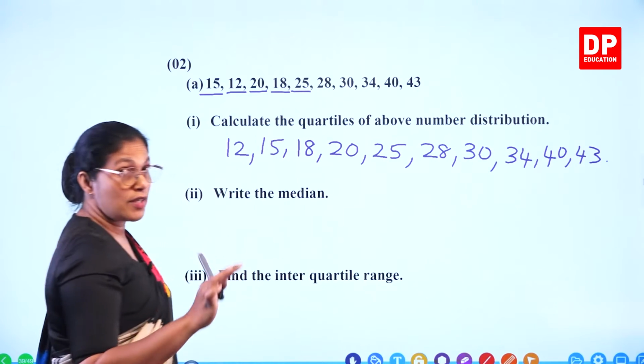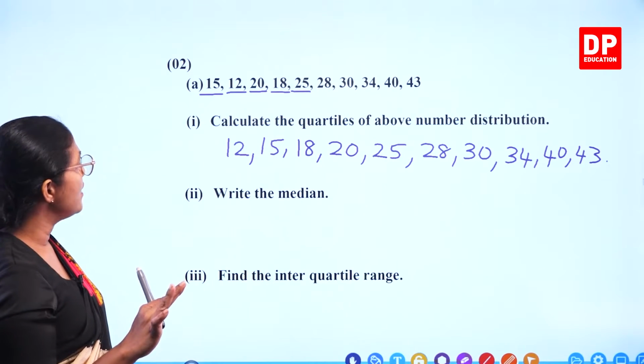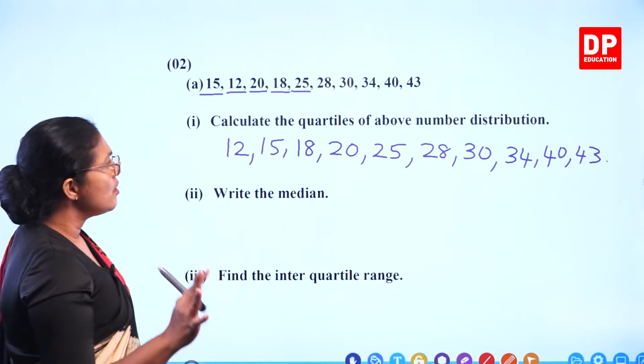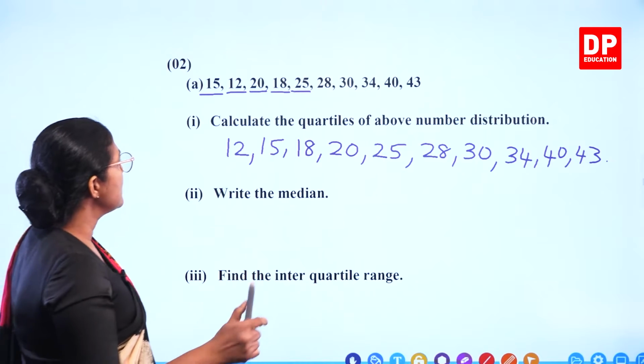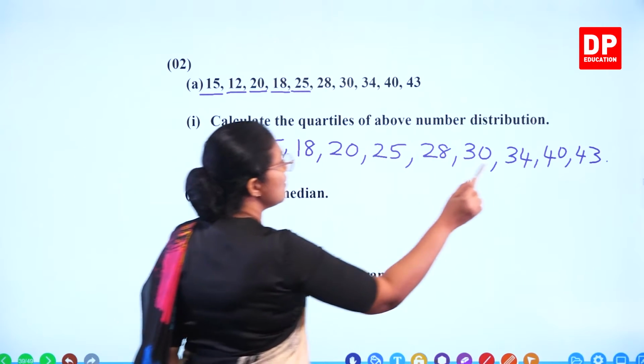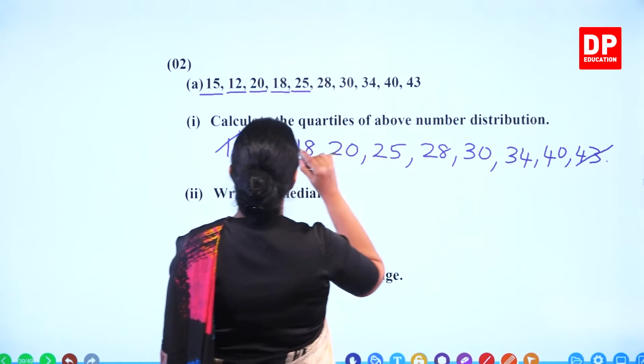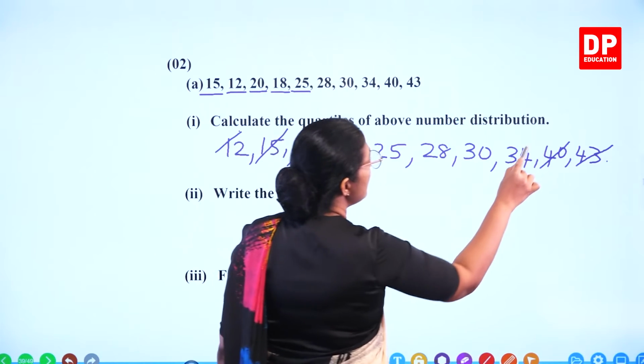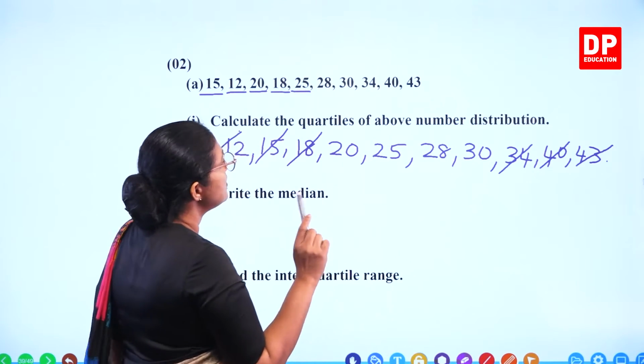First, arrange the data set in order. To find the quartiles or median, you can cross out values and easily find the middle one, because there are only 10 data points.